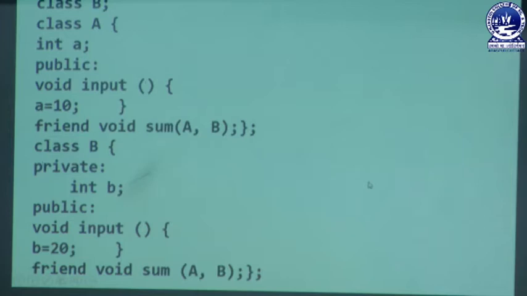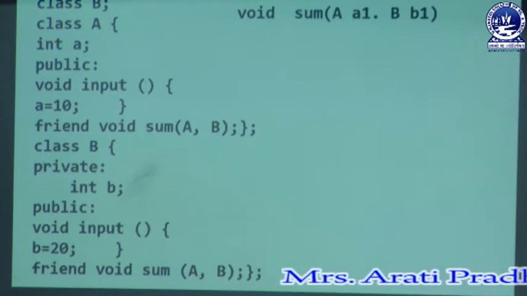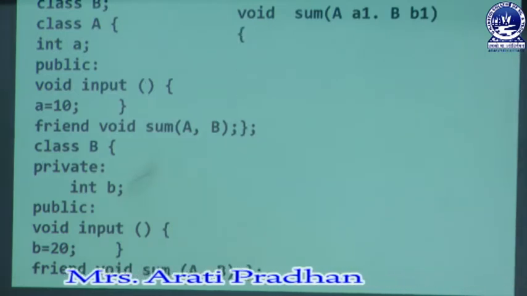Then I have to define the friend function, that is void sum(A A1, B B1).